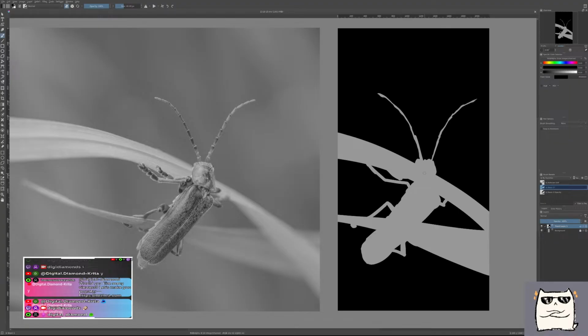Okay. So then the question is, detailing this little sucker. How are we gonna go about that? I suppose we could probably start by, I don't know.